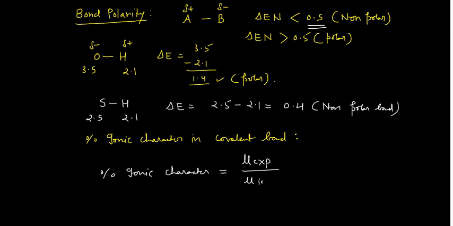In this theoretical dipole moment we consider the molecule as 100% ionic. If you multiply this by 100, that will give you the percentage ionic character. We can see a problem based on this. Say, for example, you have been given the HBr molecule.